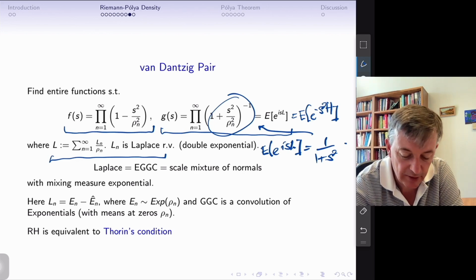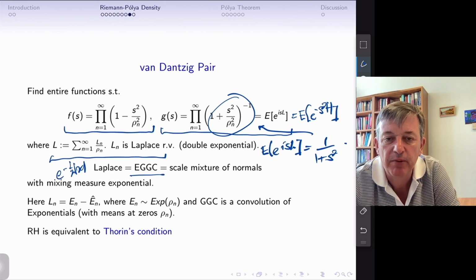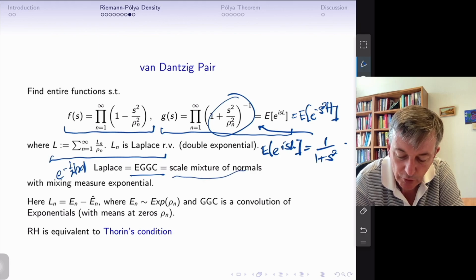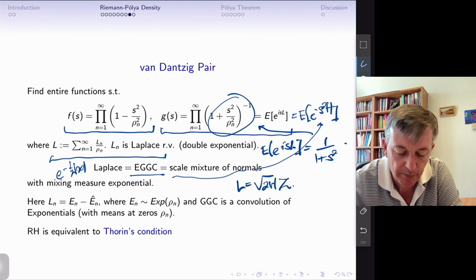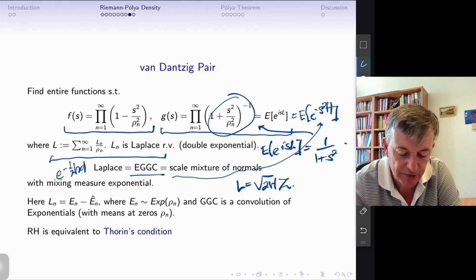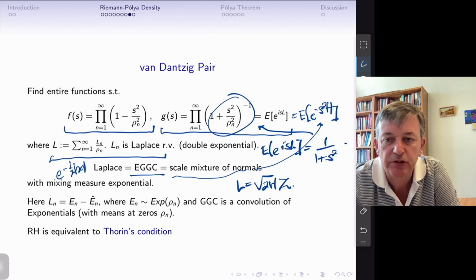So the Laplace with density e to the minus 1/2 absolute value of x is known as an extended generalized gamma convolution. It's essentially a scale mixture of normals where the mixing measure, if I'm explicit, is given by h. Which another way of saying that is that the Laplace is a difference of exponentials and the GGC is a convolution of exponentials with means those zeros rho sub n.